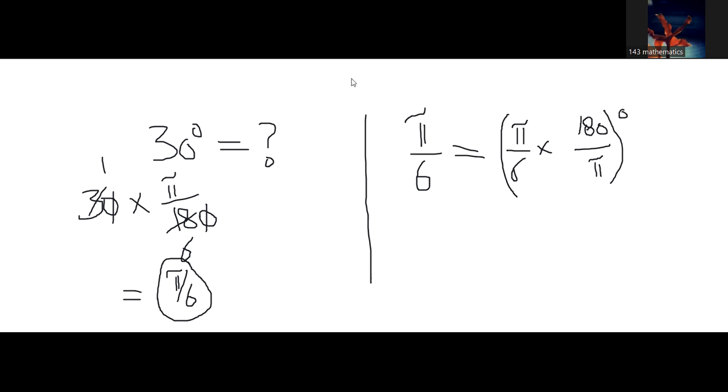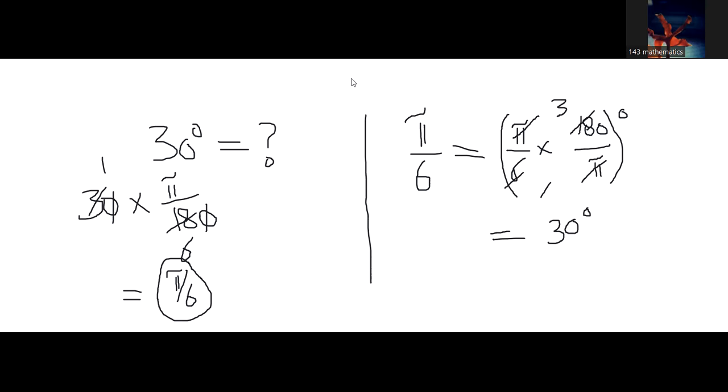So pi will be cancelled out with pi. 6 ones are 6, 6 thirties are 180. So this will be equal to 30 degree.